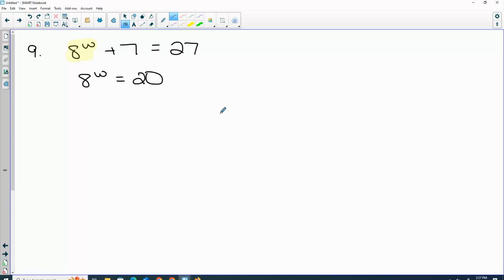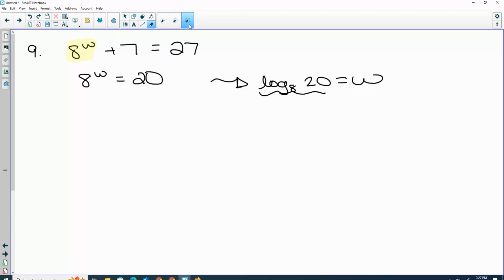No. A disclaimer, if from here you go to log base 8 of 20 equals W, have I taught you how to evaluate this? No. Some calculators have that option, some don't. I am not giving you any credit if you do it that way. Okay, you have to use the properties that everybody has access to. So what we've talked about in class. What did we do on these problems in class?